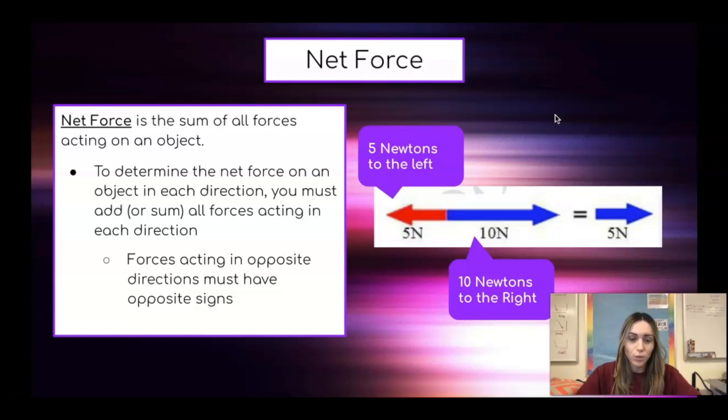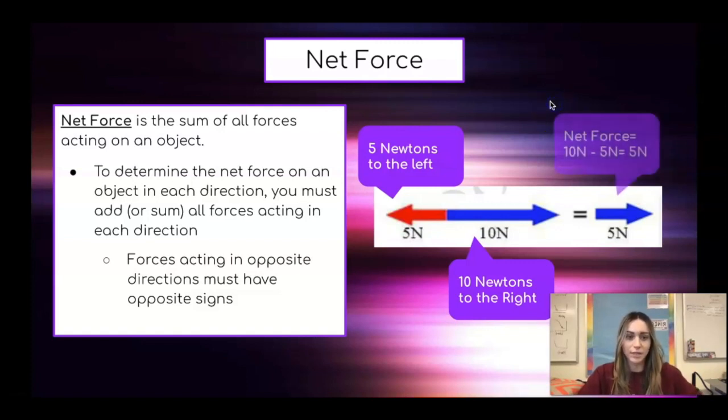To make a quick rule that is easy to follow, I would say to make the larger of the two signs positive. However, if you have a coordinate system set up in terms of a direction that an object is moving, you also can make your determination of sign based on that. In this case, we will say that the 10 newtons is our positive and the 5 newtons, or to the left, is our negative.